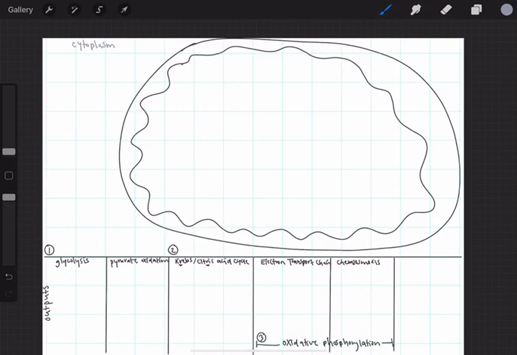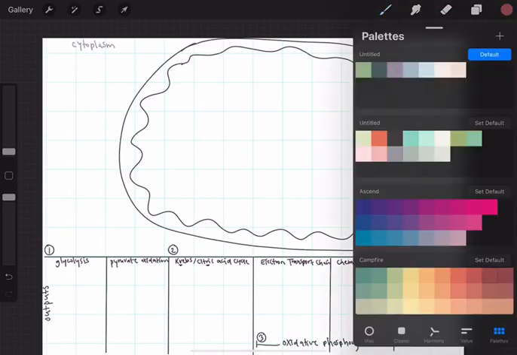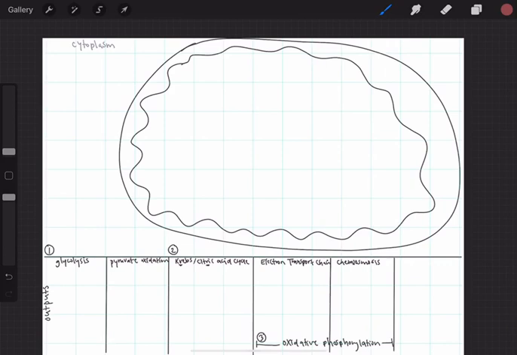And as for the parts of a mitochondria, I'm going to use a different color here. Let's use brown. This is the outer membrane. Remember that a mitochondria is a double membrane organelle, and it also has this inner membrane that I'm just going to outline.